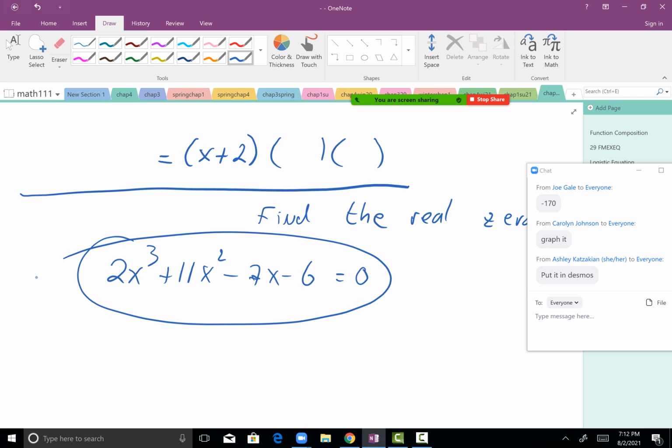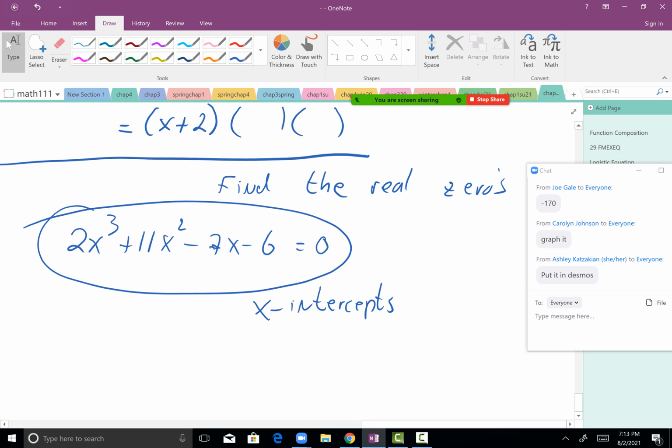So go ahead and do it. Type it in, graph it, and see if we can figure out what the x-intercepts are. Hopefully they're nice, but maybe they're not. Oh, good, they are. Negative 6, negative 0.5, and 1.